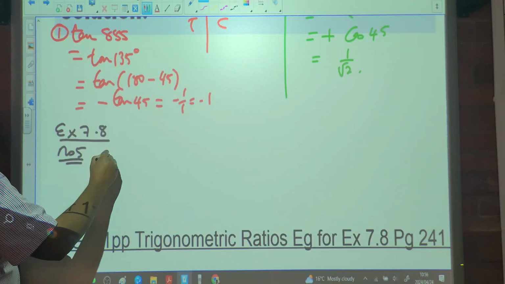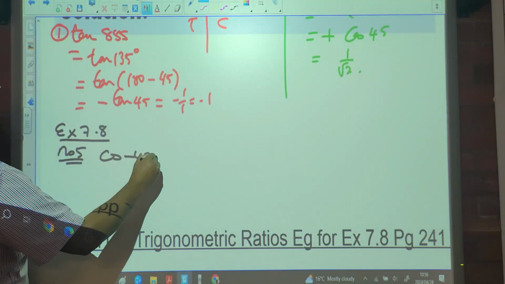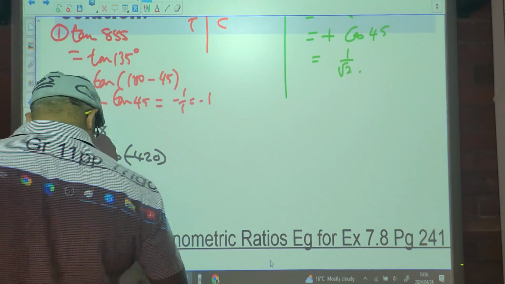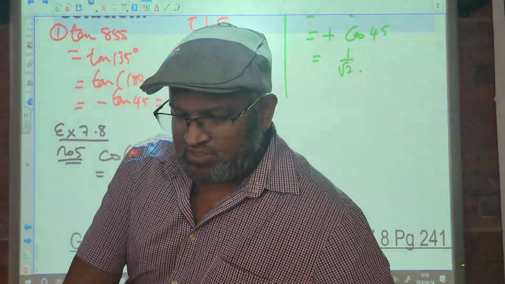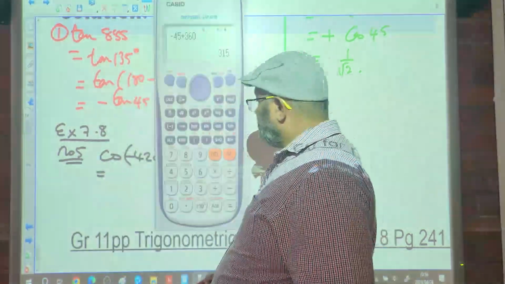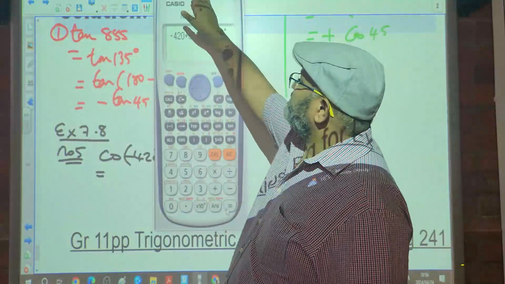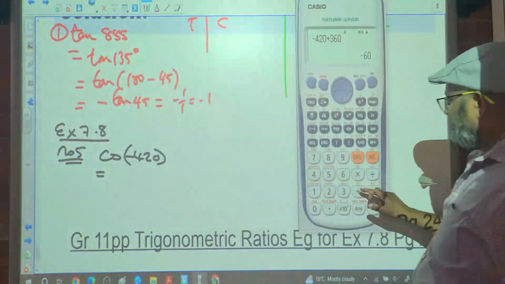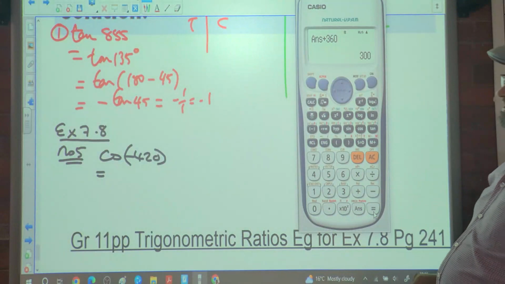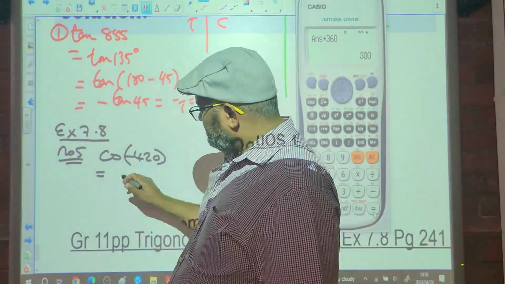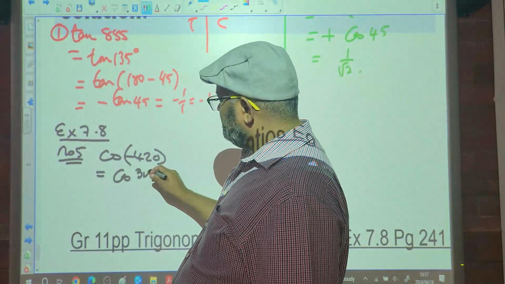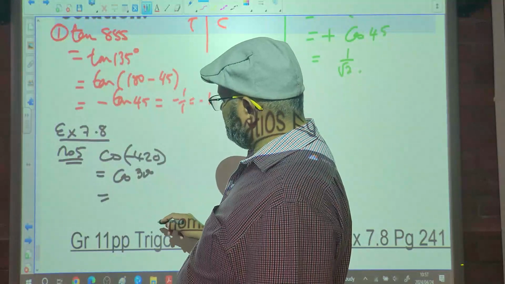So the sum reads cos of negative 420. So it's a negative angle, so what do I do? Negative 420 plus 360 gives you negative 60. So what do I do? Add 360 again, I get 300. Which is cos of 300. Which quadrant is 300 in?